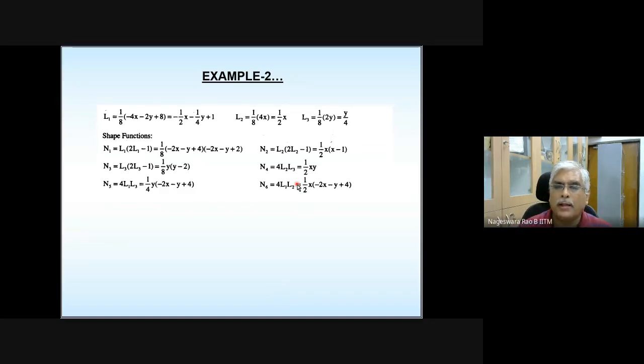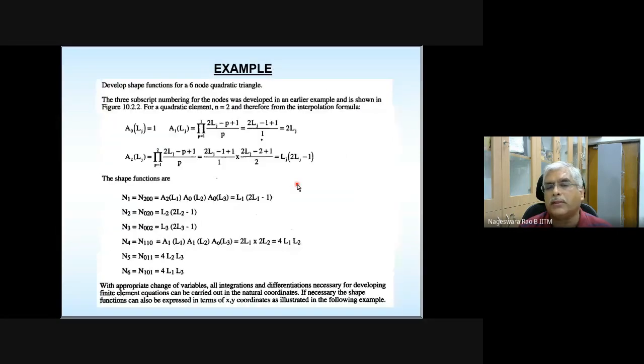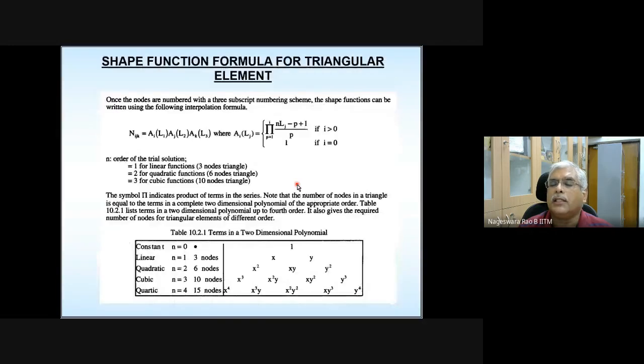Okay? So now this procedure of deriving the shape function expressions using area coordinates for two-dimensional problems for triangular elements is a very versatile method, and you don't need to go through starting with a polynomial and trying to find the coefficients, because it's going to be cumbersome as the order of the element becomes higher and higher.